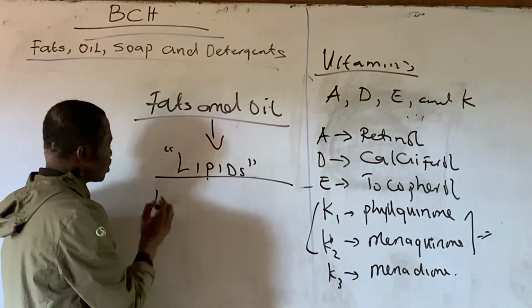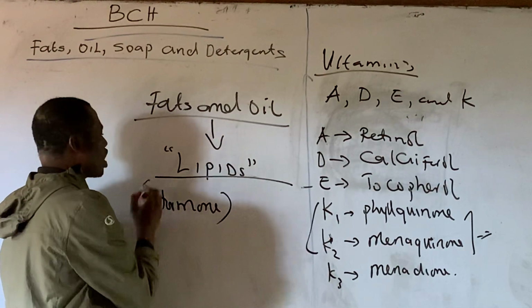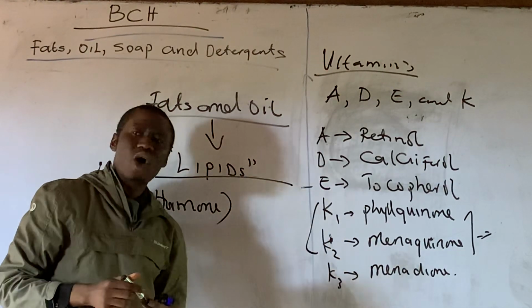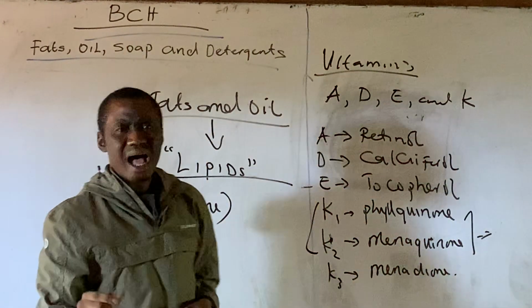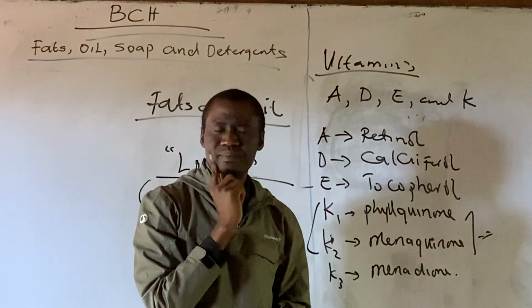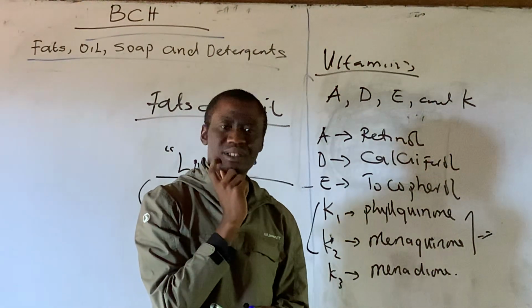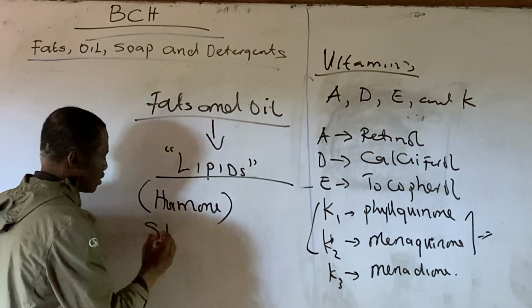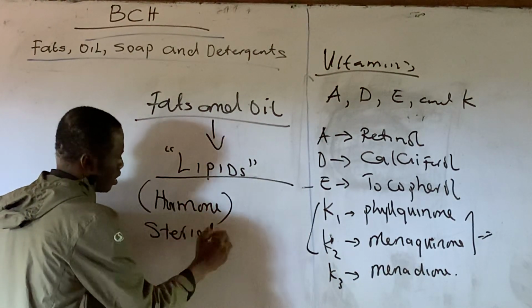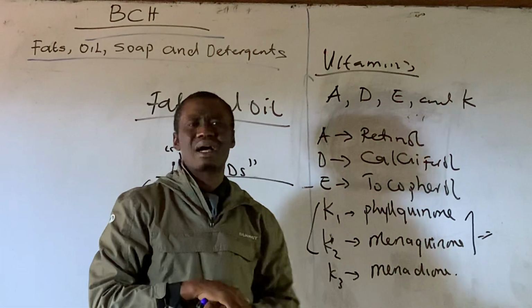Another example of lipids we have is hormones. For you to talk about hormones as part of your lipids, it means that those hormones are insoluble in water, but they are fat soluble. They dissolve in organic substances. Now, those hormones are the steroids. You have heard me talk about hormones in most of our classes.